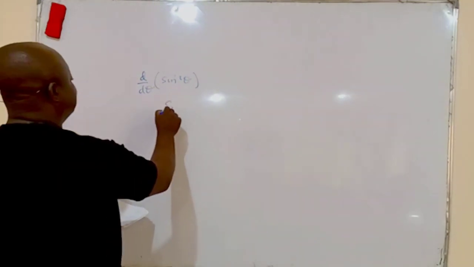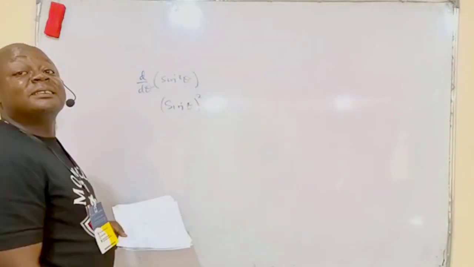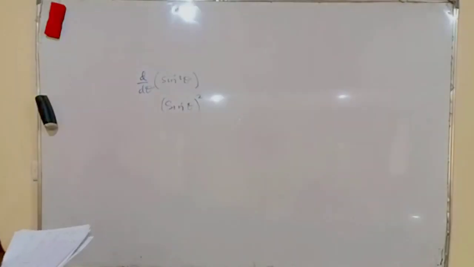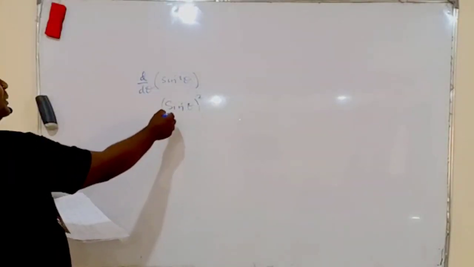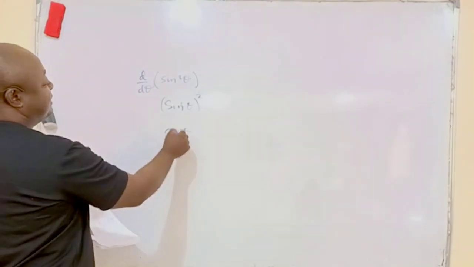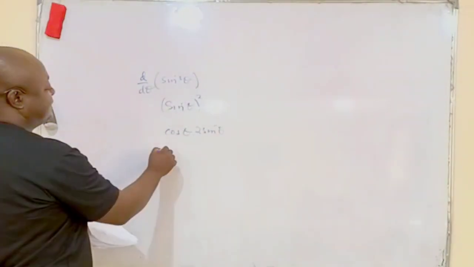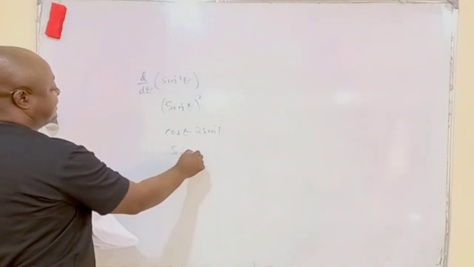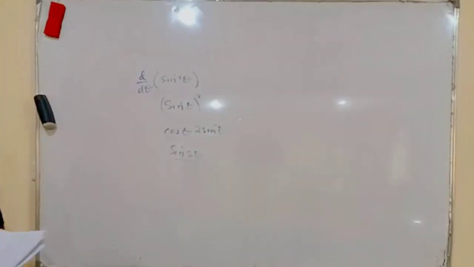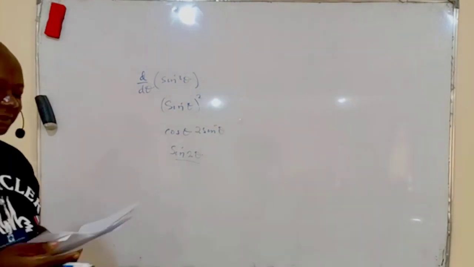So you're deciding to put this like this. Cos. Anyway, differentiate this, I give you 2 sine, which is sine 2 theta. Okay. It's okay. Okay.